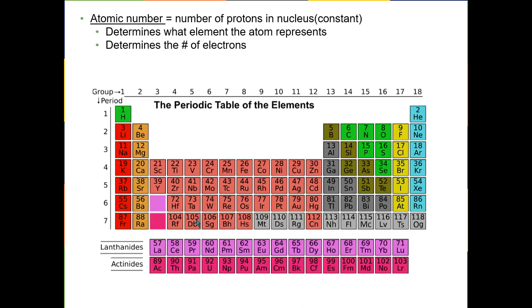We sometimes refer to the atoms by their atomic number. So that's the big number here, 1, 2, 3, 4, 5, 6, 7, 8, 9, 10. That is the number of protons. And then if the atom is in its elemental state, that is also the number of electrons.